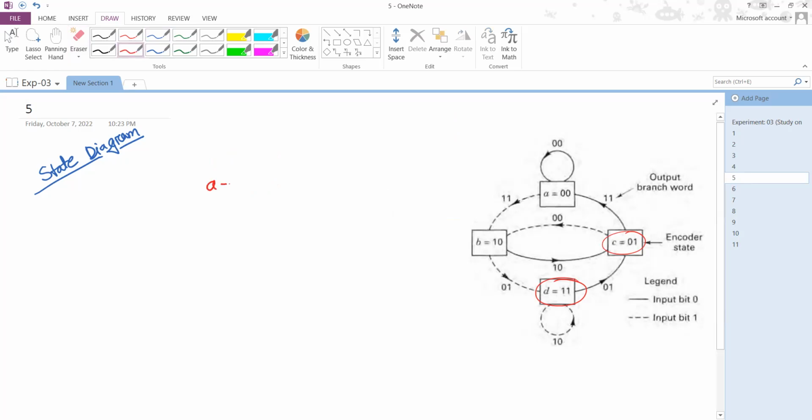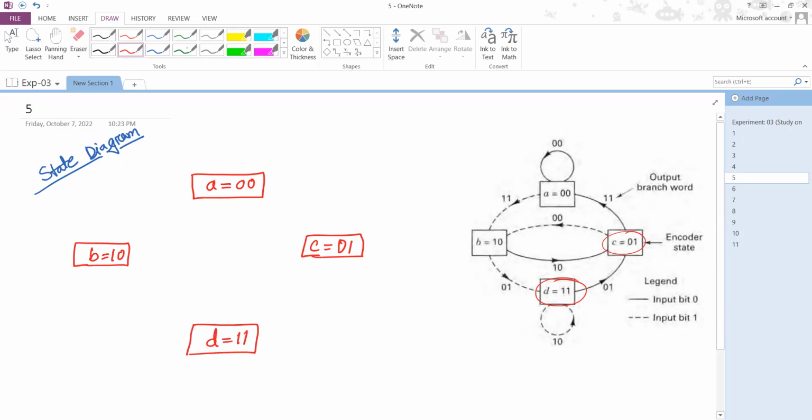State A is 0 0. Then comes state B, which we take as 1 0. Then state C, which is 0 1, and state D, which is 1 1. So these are the 4 possible state combinations that we are talking about.